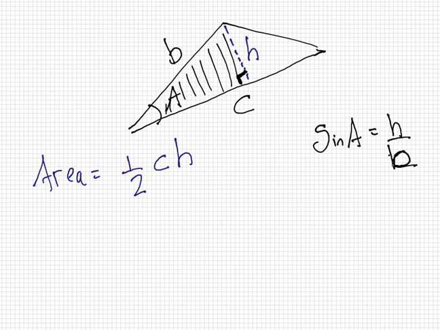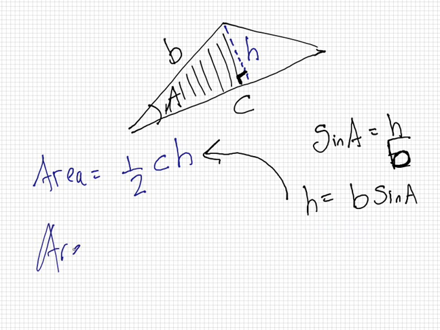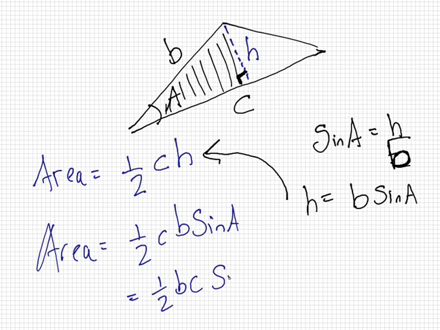Yeah, H over B. You're right, and C is the whole thing. So what does H equal? If I rearrange this, it would be B sine A. So if I put that in there, I get area equals a half CB sine A. Or in other words, a half BC sine A. That's the area. But don't try to remember it.